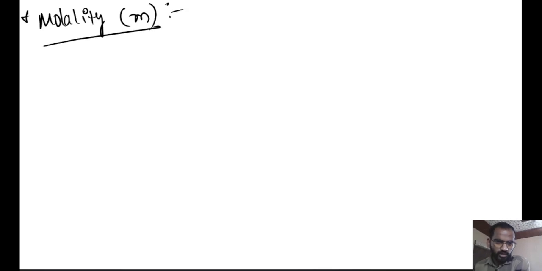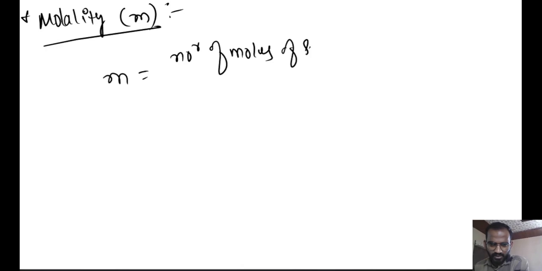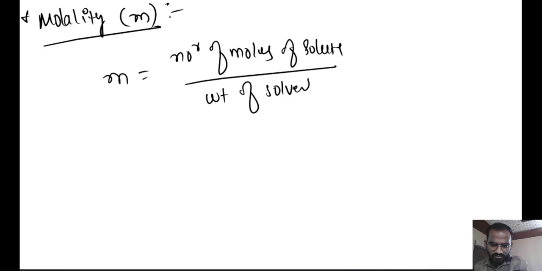Okay, so next, the last concentration term is molality, and it is represented with a small m. Remember, so what is molality? Molality is equal to the number of moles of solute present in the weight of solvent in kilogram.